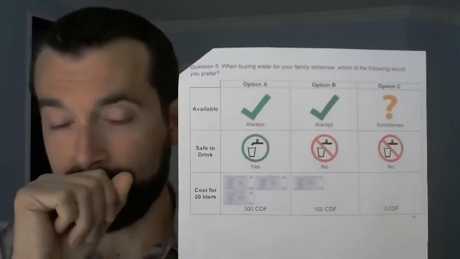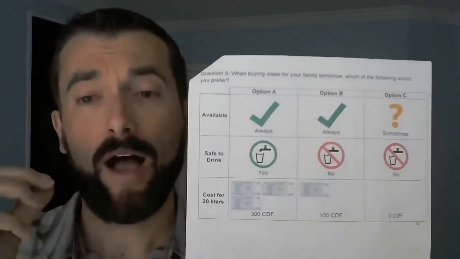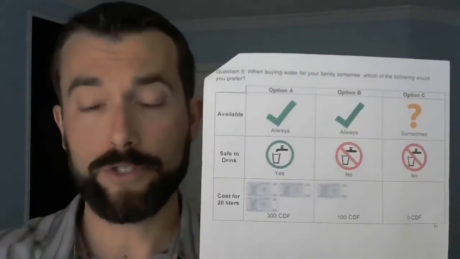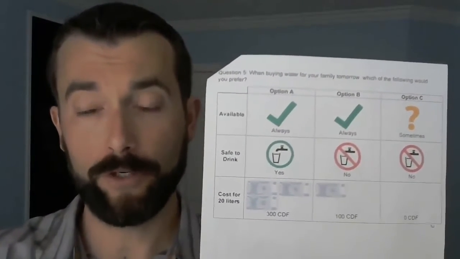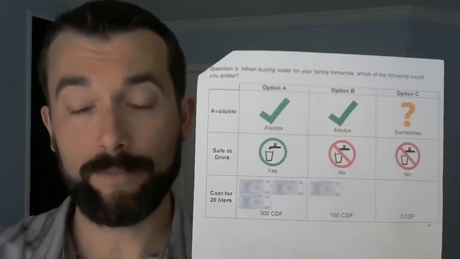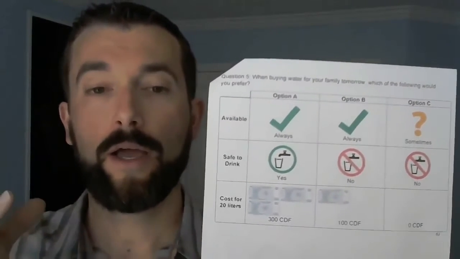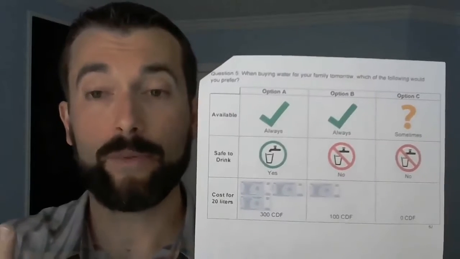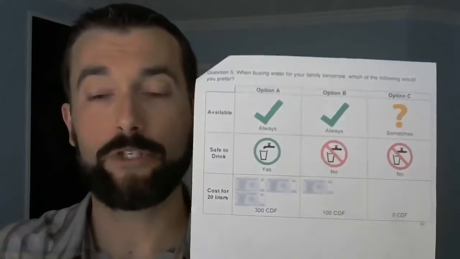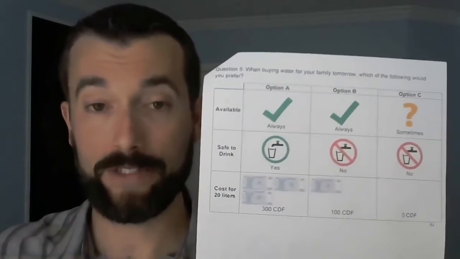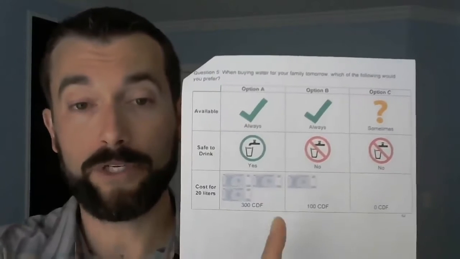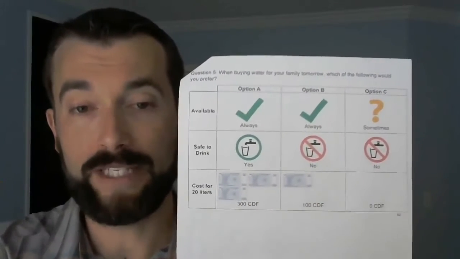The question states, of the following drinking water sources, which would you prefer to purchase for you and your family tomorrow? This question is designed to place the respondent in the actual situation of making a purchase and choosing between option A, B, or C.